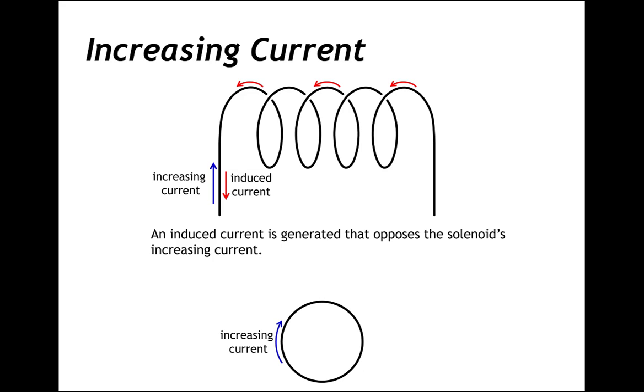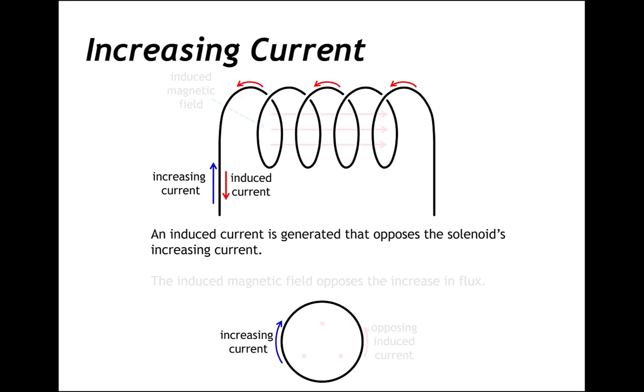So notice that the original increasing current is going from left to right. That increasing current, causing that change of magnetic flux, induces a current to oppose the change.